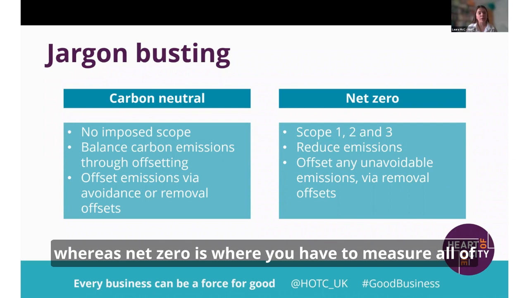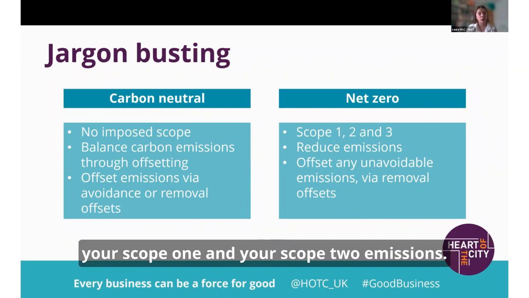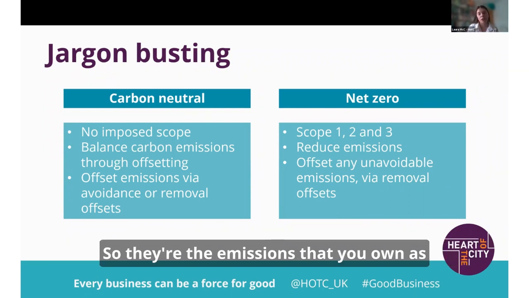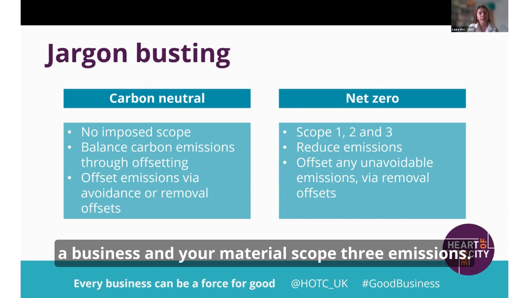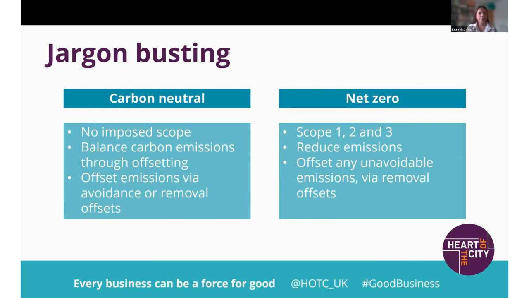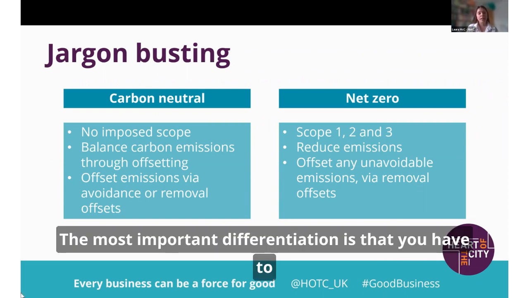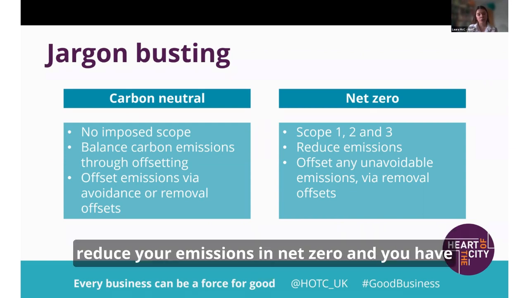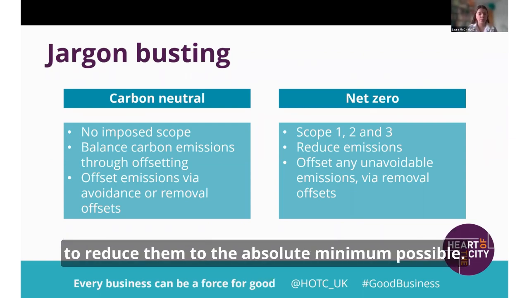Whereas net zero is where you have to measure all of your scope 1 and your scope 2 emissions. So they're the emissions that you own as a business, and your material scope 3 emissions. So anything which is integral for you running as a business. The most important differentiation is that you have to reduce your emissions in net zero, and you have to reduce them to the absolute minimum possible.